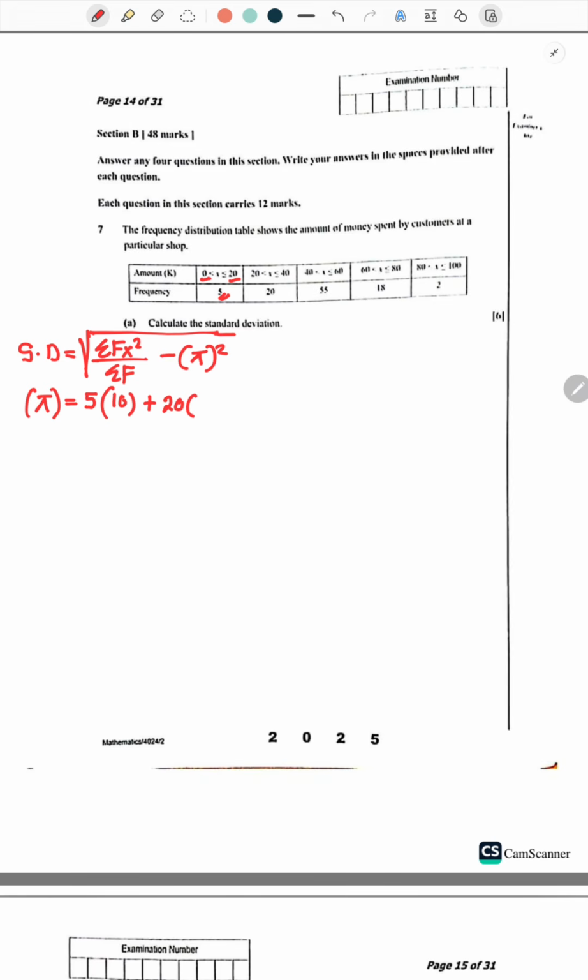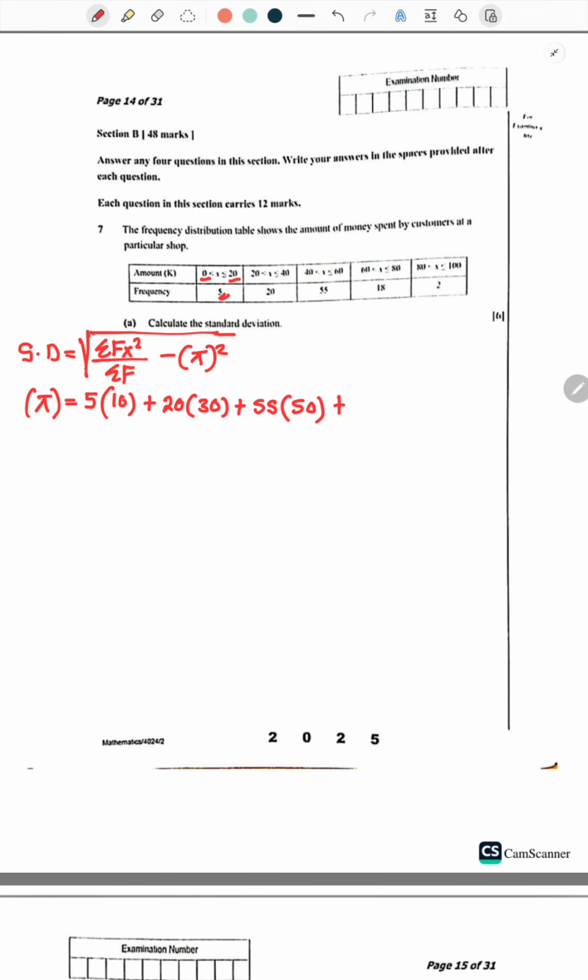Then 20 plus 40 divided by 2, I'm going to get a 30. The same 30, I go to the next one, which is 55. Next, 40 plus 60 divided by 2. So 40 plus 60 is giving me 100, divided by 2 is giving me 50.